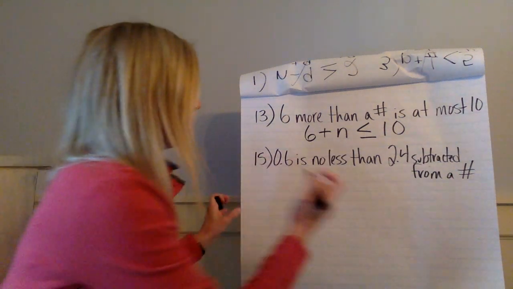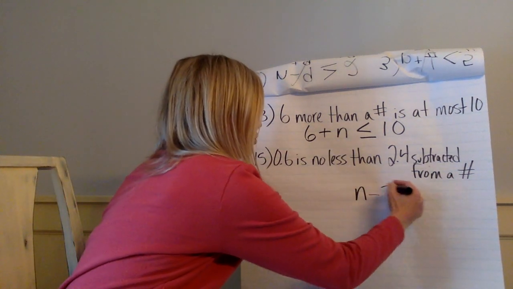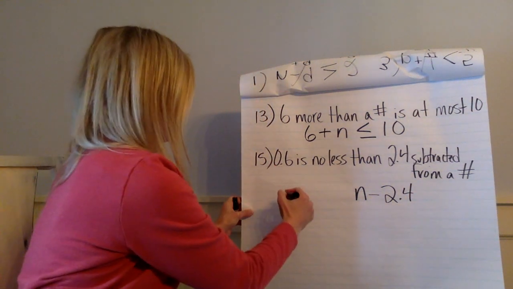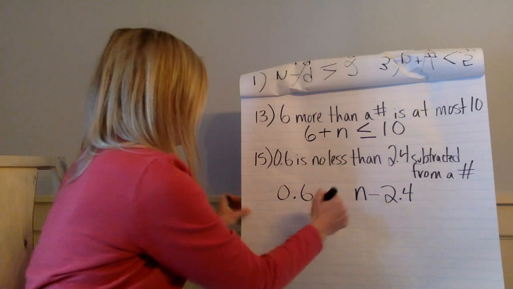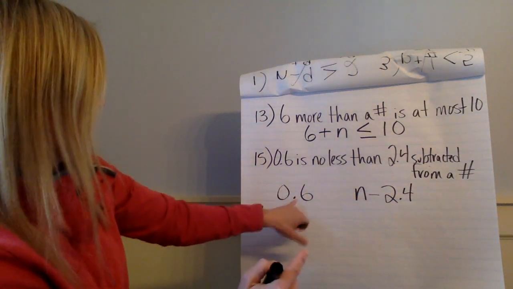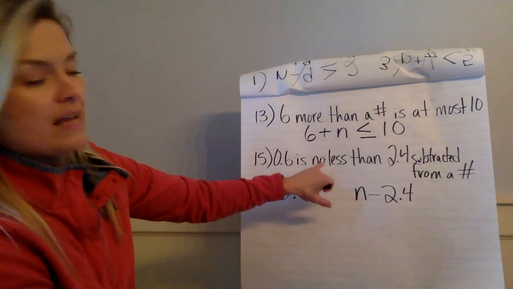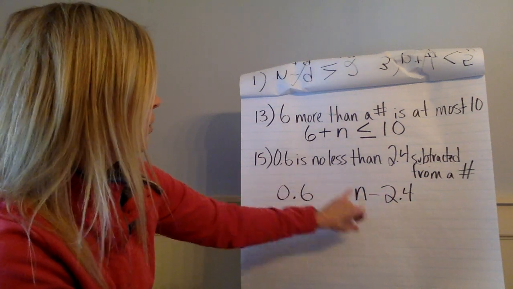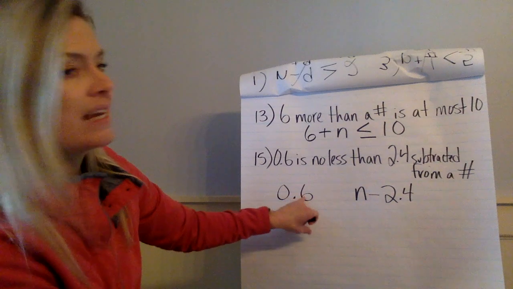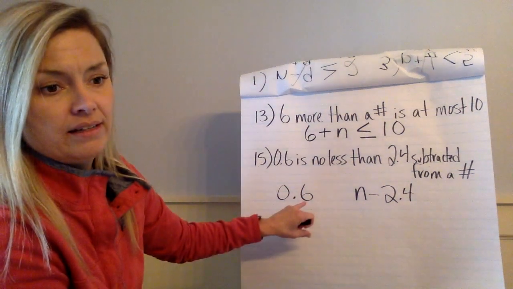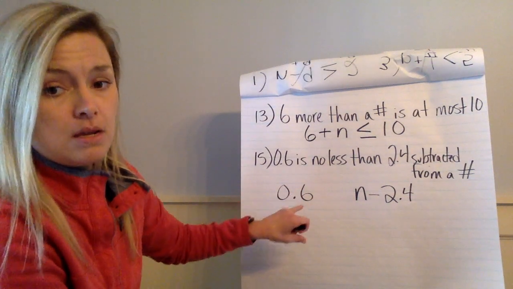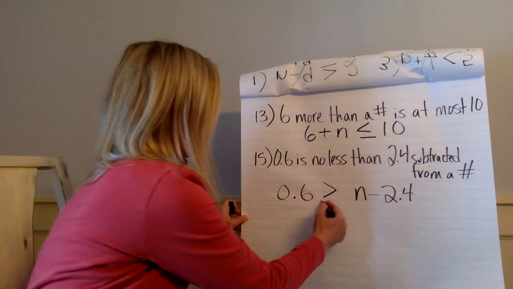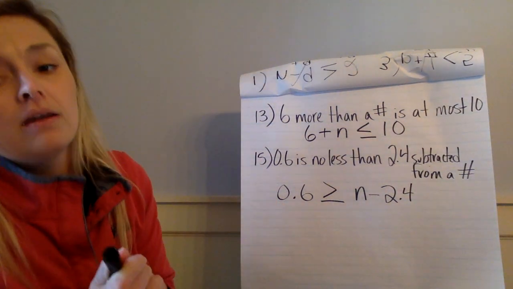So we have to start with that variable, subtract 2.4, and we have 0.6 being compared to this. 0.6 is no less than 2.4 subtracted from the variable. No less than. It can be bigger, it can be equal, it cannot be less than. So I'm going to put this symbol in between the two.